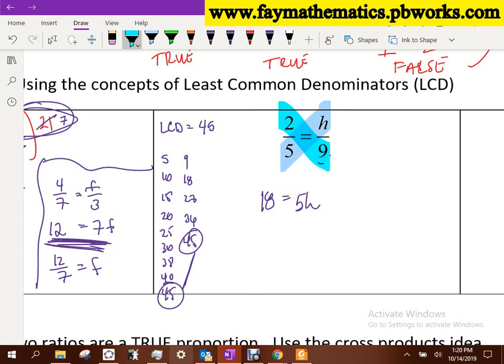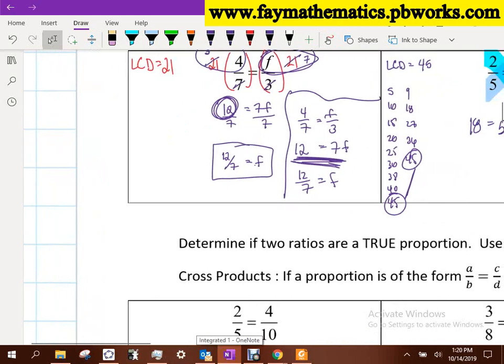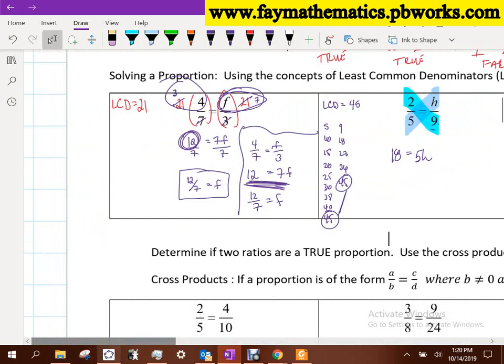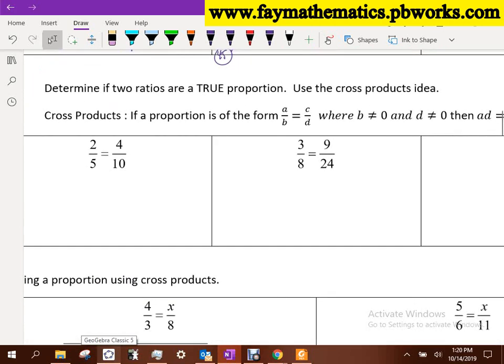Okay? What I want you to understand is that this only works if I have a fraction equal to a fraction. Okay? So here's the rule. To determine if two ratios are a true proportion, use our cross product idea. And the next statement is that idea. It's cross product.